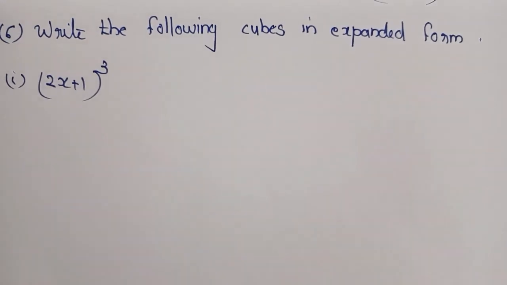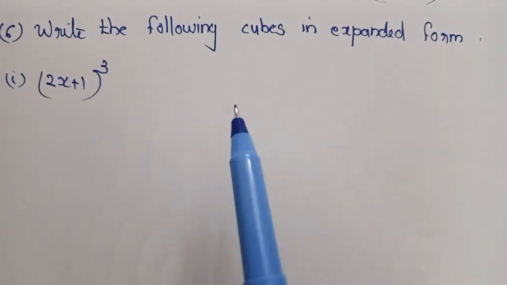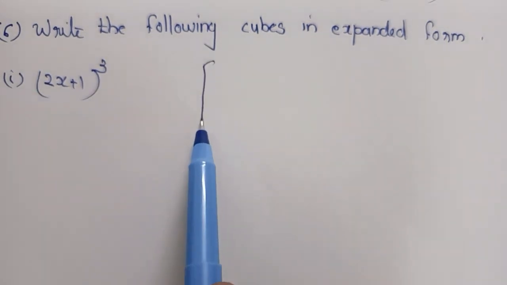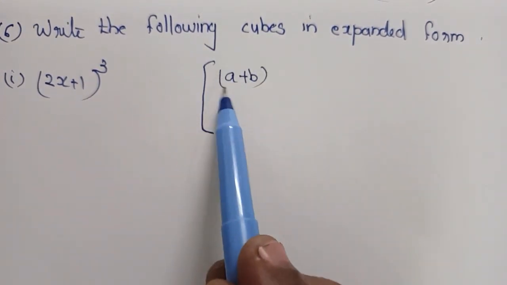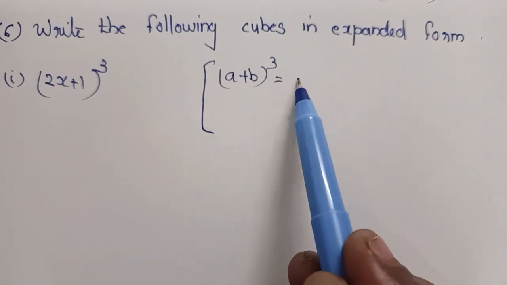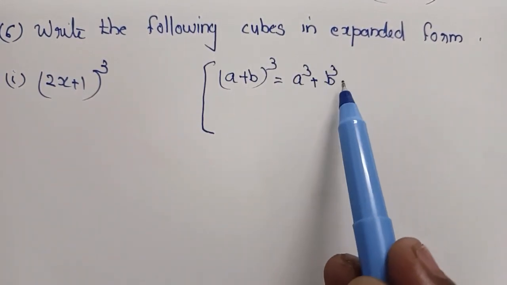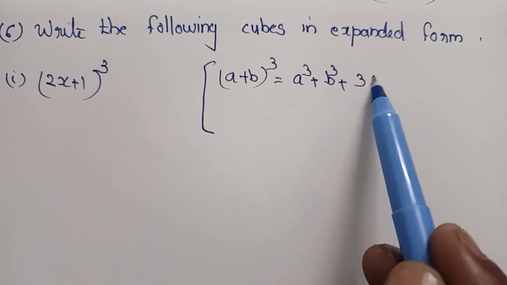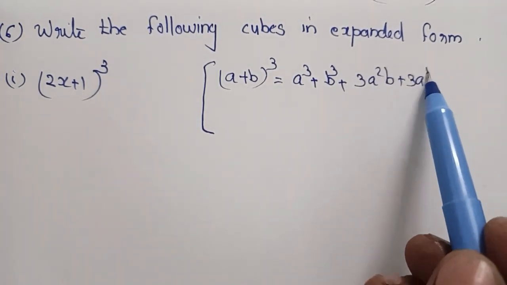Sixth question, write the following cubes in expanded forms. First one, it is 2x plus 1 the whole cube. Now here we have to use the identity a plus b the whole cube, that is equal to a cube plus b cube plus 3a square b plus 3a b square.